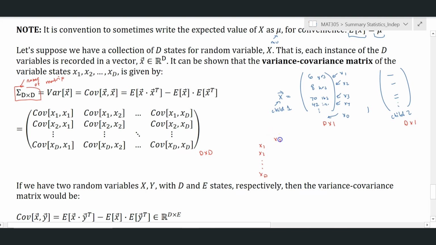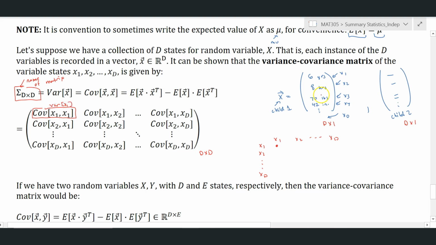And then you look at x1, x2, all the way over to xd along the columns, then each of these entries, like this one, will be the covariance between x1 and itself. So this right here is just the variance of x1.